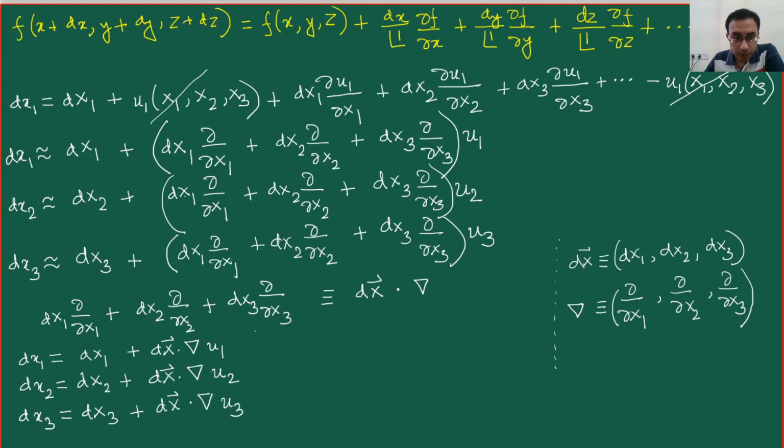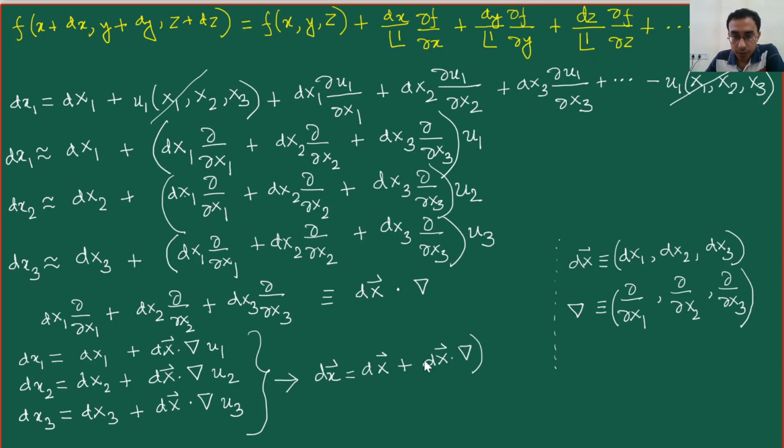Now all these three things together can be further shortened into the vectorial representation as this, because you note that dx1, dx2 and dx3 are themselves components of this d small x vector. Similarly, the d capital X1, d capital X2 and d capital X3 are the components of the d capital X vector, which you have already written here, plus this is already in vector form, grad.